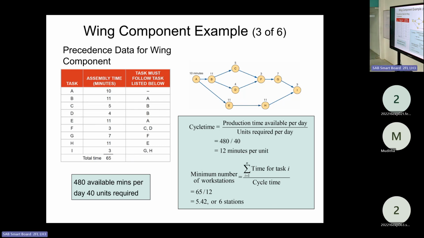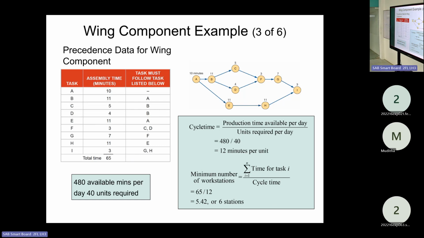And make it a point: every time we round it up to the next complete value. That should be 6 workstations. Every time we round it up to the next complete value. 6 stations.